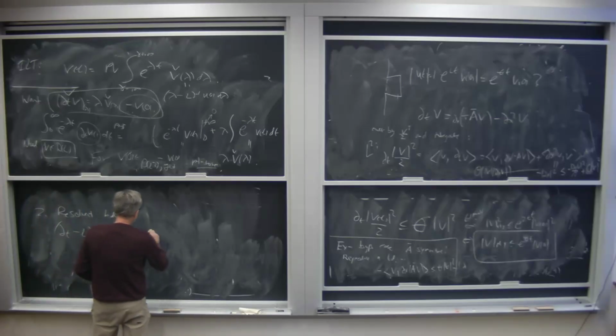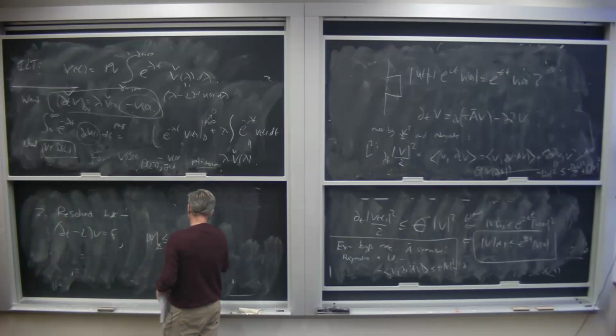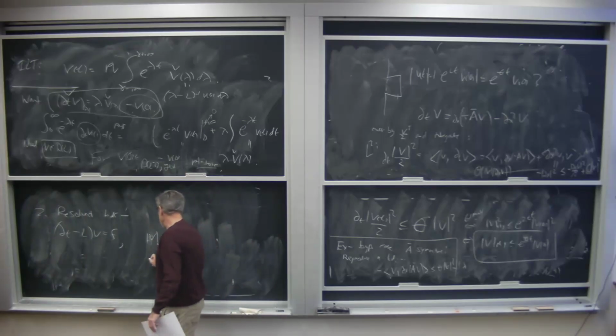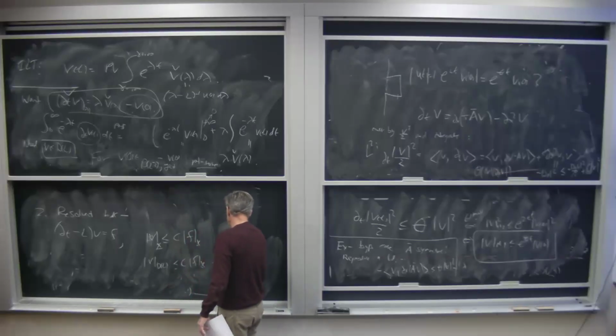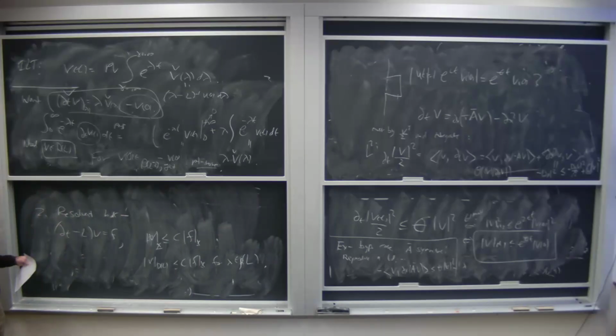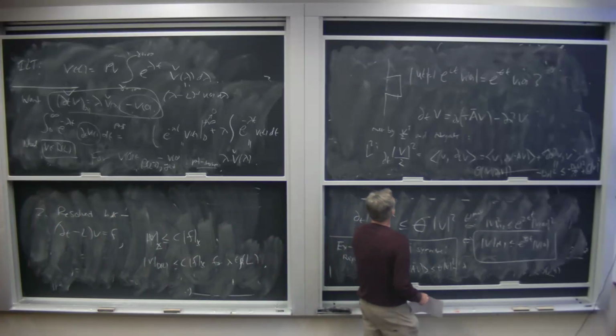We want the norm of v in X less than or equal to a constant times the norm of f in X. That's the kind of bound we assume on a contour. That's one kind. But we also need that the norm of v in D of L is less than or equal to a constant times the norm of f in X for lambda in the resolvent set. So you have to get both. How can you get both? How can you get one? So here's how you do it. Actually, you do it in very much the same way.